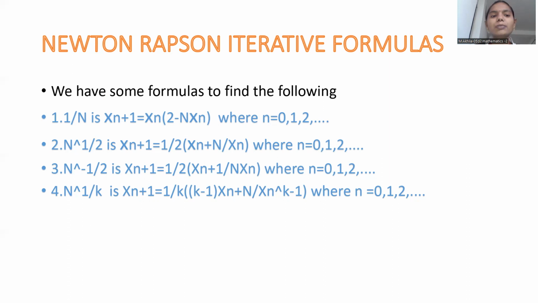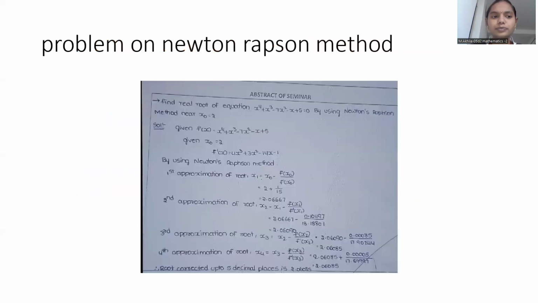Let us see an example on the Newton-Raphson method. Find the real root of the equation x power 4 plus x cube minus 7x square minus x plus 5 equal to 0 by using the Newton-Raphson method near x naught.